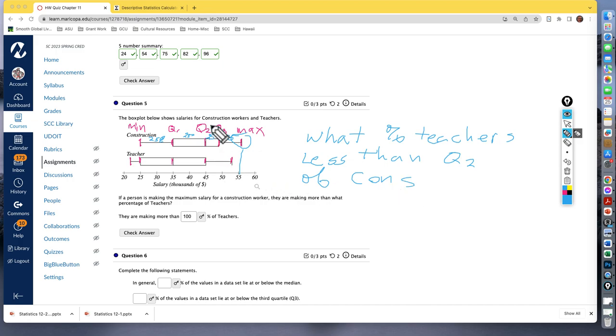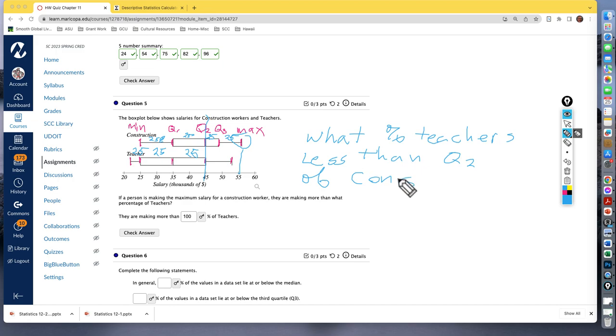And again, we say, okay, here's the construction worker. So it's this: 25, 25, 25. Okay, so again, it's just to introduce you to this other concept of 5-number summary, box and whisker plots, and how they work. Mine's asking for the first quartile salary.